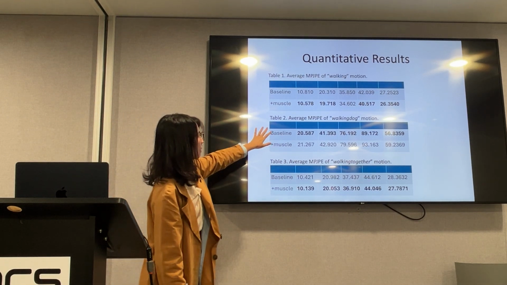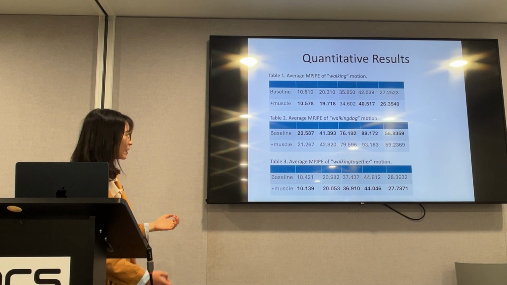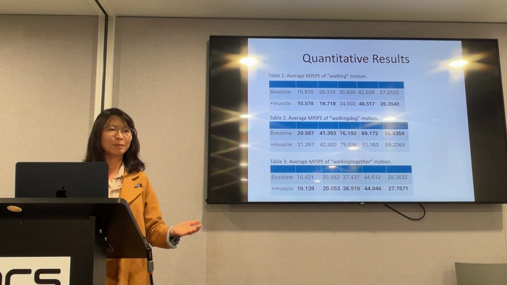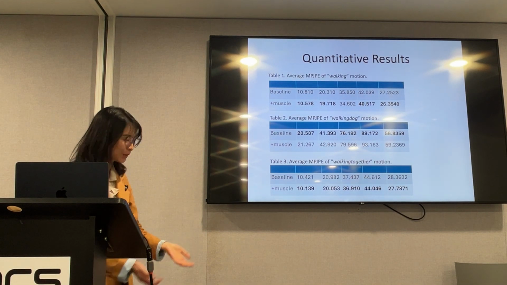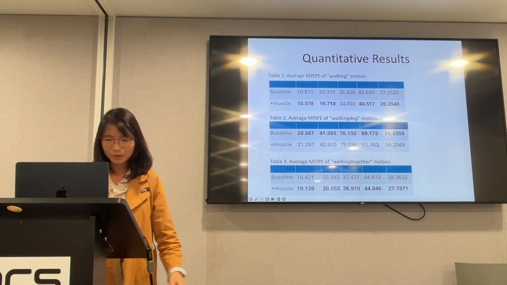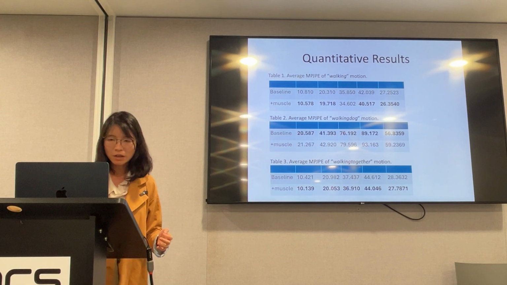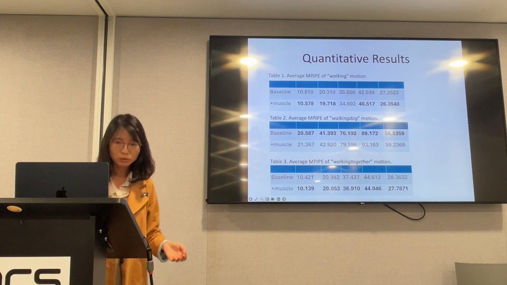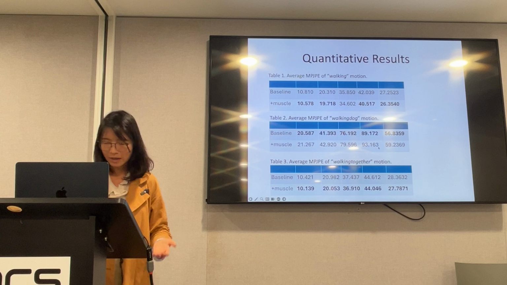But with the walking dog motion, we didn't get better results, as this kind of motion is a little bit complex because we have the dog incorporated into this motion. It might be confusing for the model to learn a better representation. For the moment, we are trying to incorporate better methods to improve this type of motion.